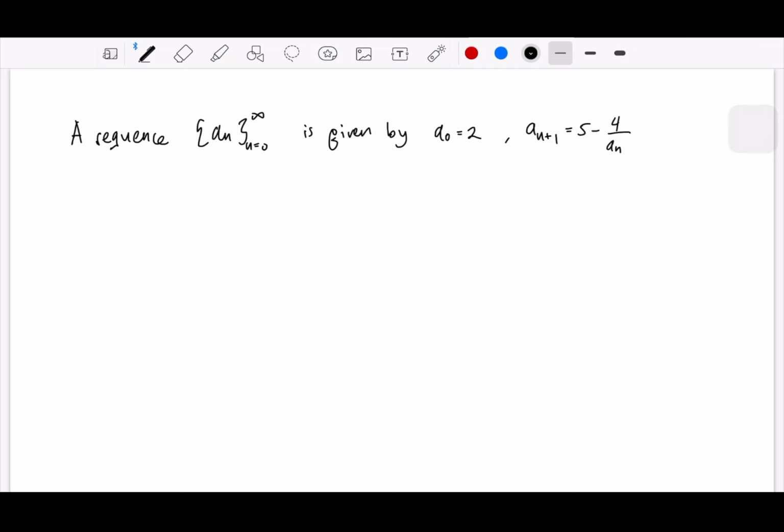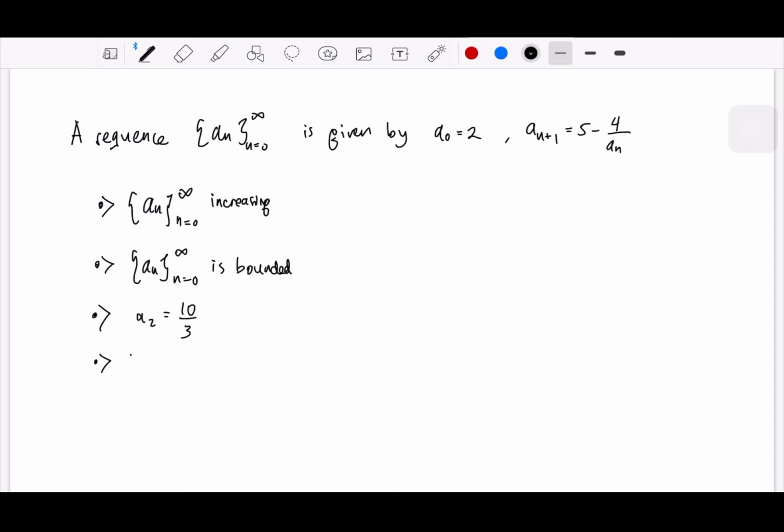From these, I have four statements here. Which of the following statements are false?